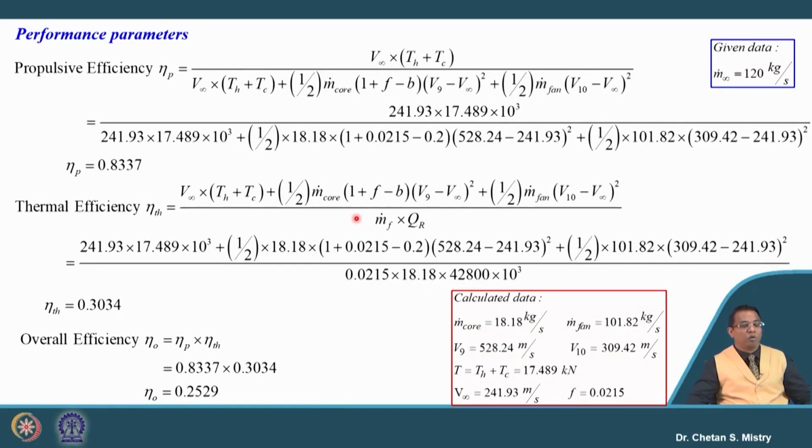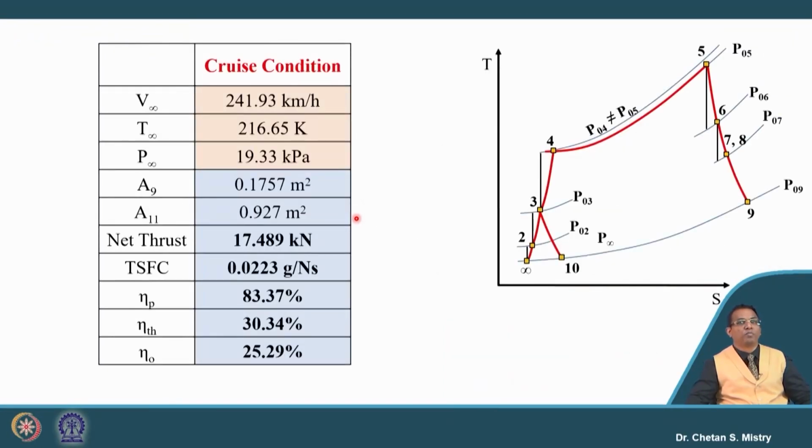Now, this is the solution for the numerical we are discussing, that is for the flying condition. So, let us put this in terms of our cruise condition calculation. Here we have our flying condition, temperature and pressure, which are known to us.